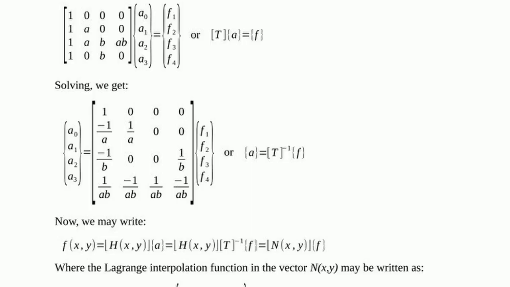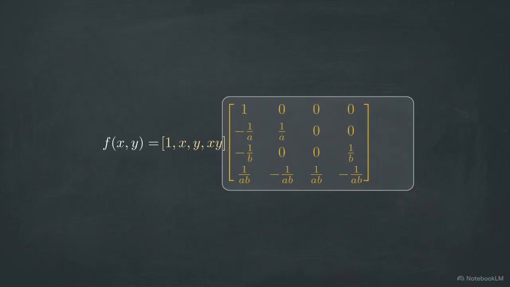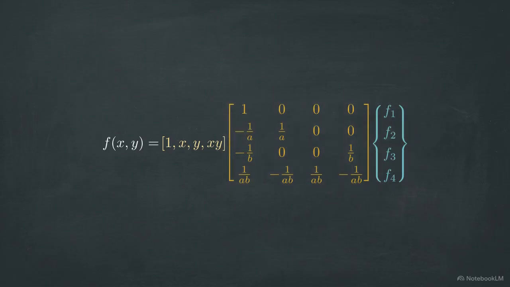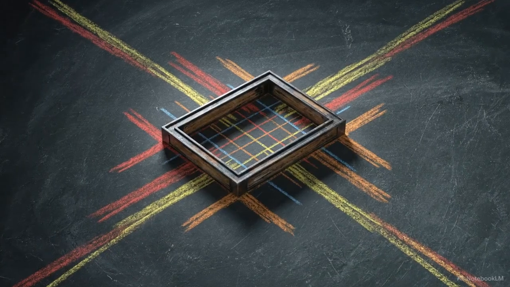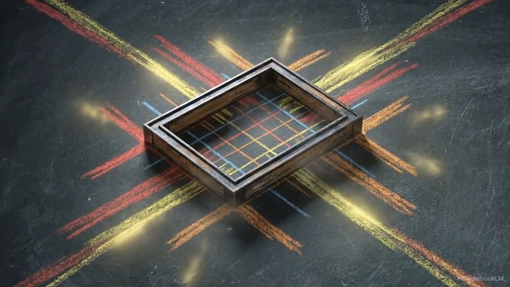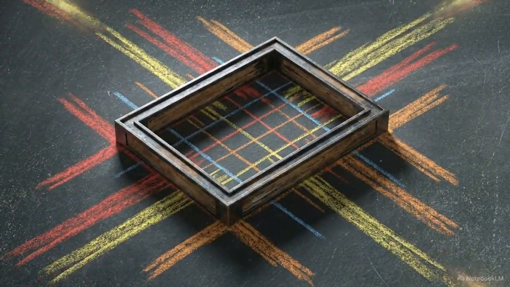Expanding this inverted matrix reveals significant mathematical complexity, introducing exact fractions like 1 over A and negative 1 over AB. We take this large inverted expression and substitute it directly back into our original generic polynomial. This derivation culminates in the final field equation, f of x, y equals the row vector N times vector f. This inversion and substitution process successfully marries the abstract spatial coordinates with the hard geometric limits of our specific rectangle.